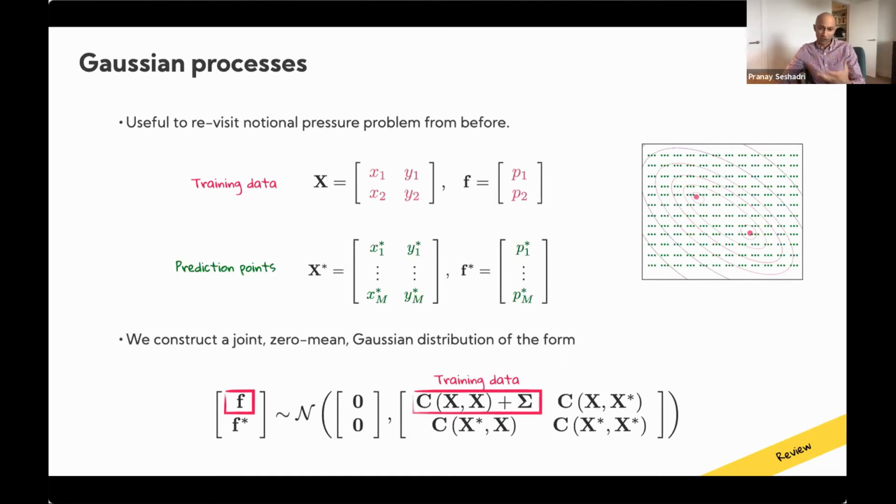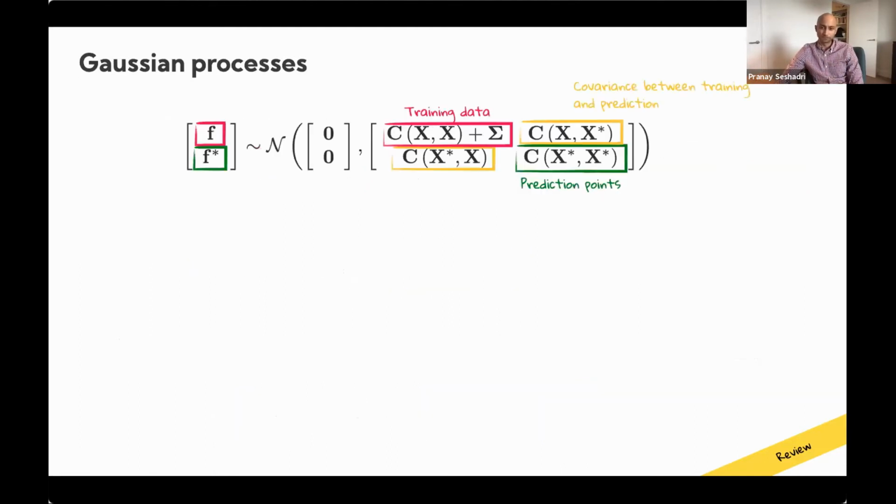And so this joint covariance that you see on the right-hand side is formed of a block of the covariance matrix that's formed from the training data. You have a block that's governed by the prediction points, and then you have a covariance between the training points and the prediction points. So all of this will become a lot more clear as we march forward, but this just gives you a feel for some of the underpinning mathematics.